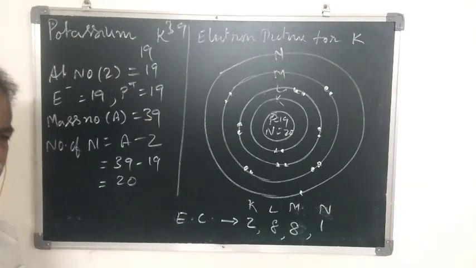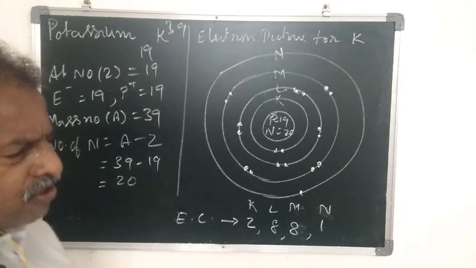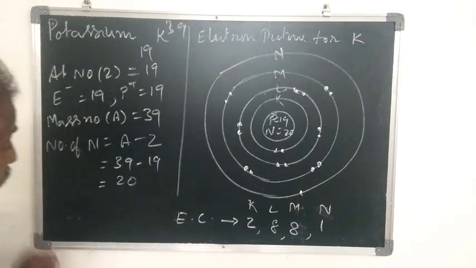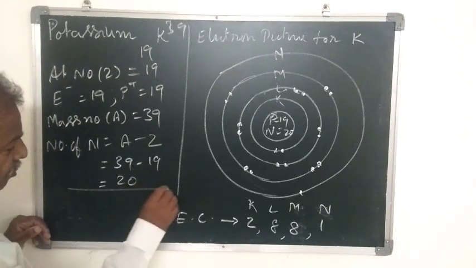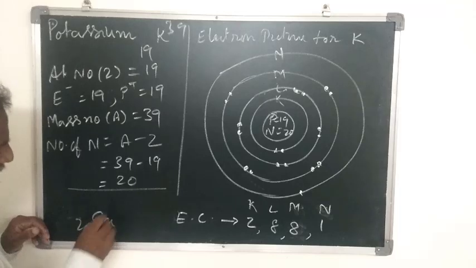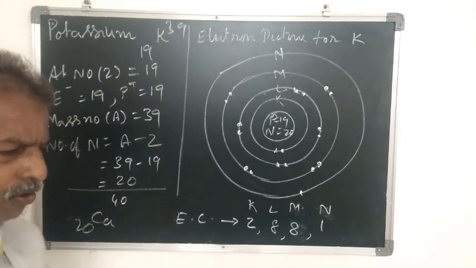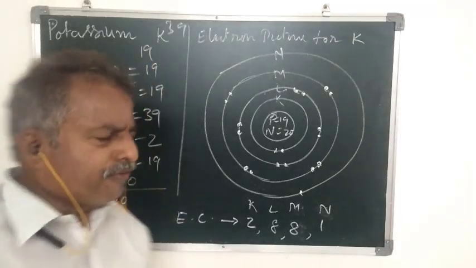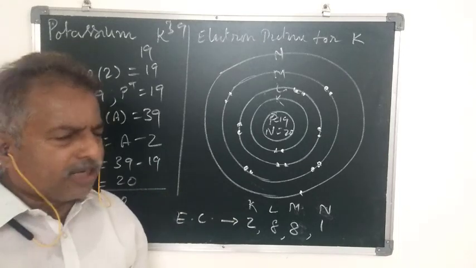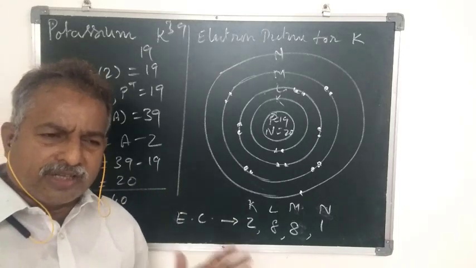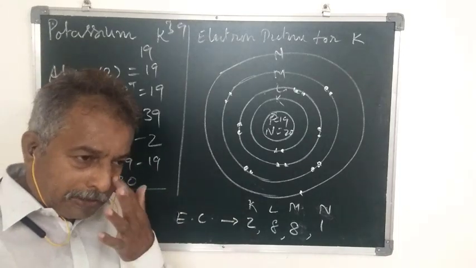Now, you have understood how to write the electronic configurations. Now, you try for calcium, Ca, 20, 40. So, from the examination point of view, you have to learn writing the electronic configurations for 20 elements.